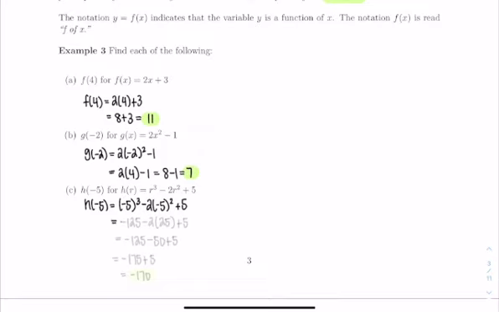So negative 5 cubed is negative 125. Negative 5 squared is 25. And then let's look at our multiplication. So negative 2 times 25 is negative 50. Negative 125 minus 50 is negative 175. And when I add 5 to that, I end up with negative 170.